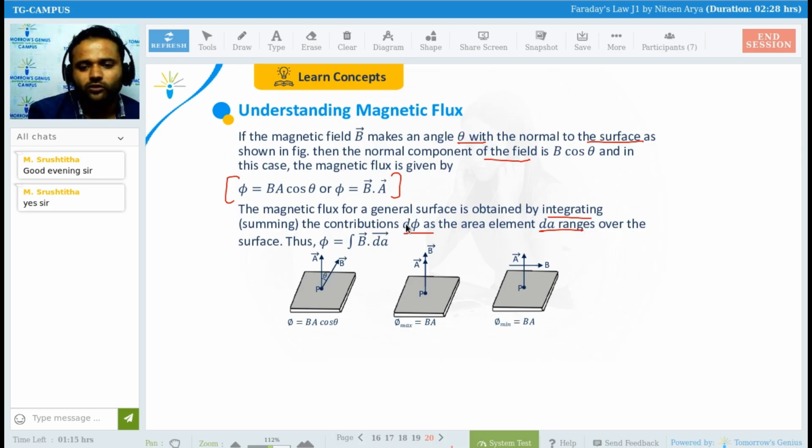So phi = BA cos theta. Phi is maximum whenever B is parallel to the area vector, and phi minimum is going to be 0.